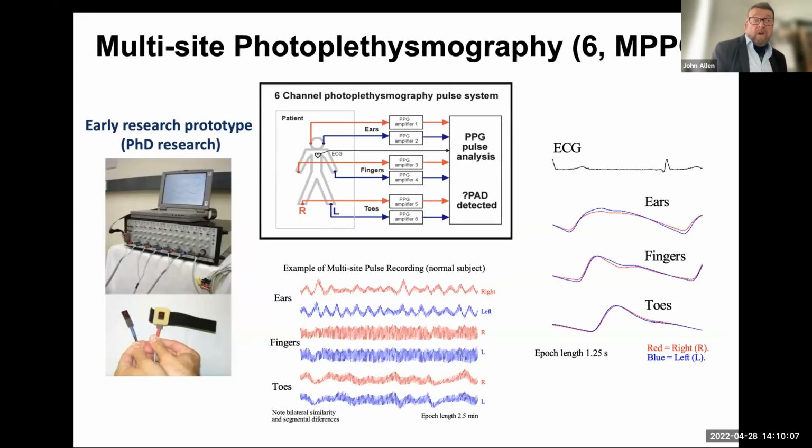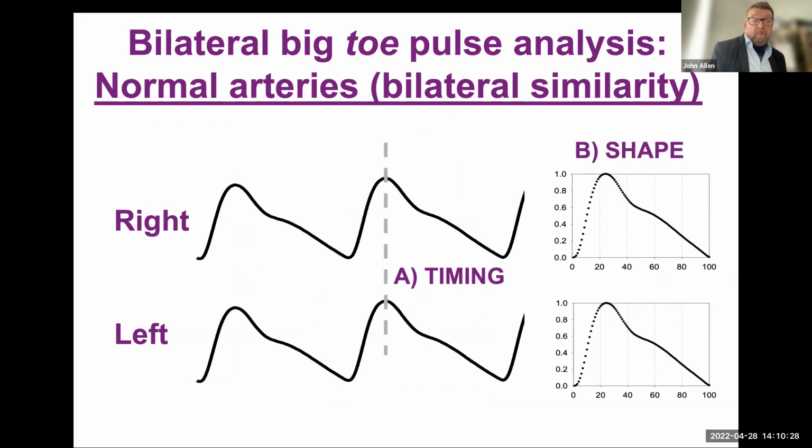So that led on to looking at PPG instead, another vascular measurement technique. Here we see a multi-site form of that technology, which is what I used for my PhD research: a six-channel system looking from head to foot at the bilateral PPG characteristics in health and in PAD. From the toe pulses, we knew that in healthy subjects you tend to get a nice pulsatile waveform and bilateral similarity.